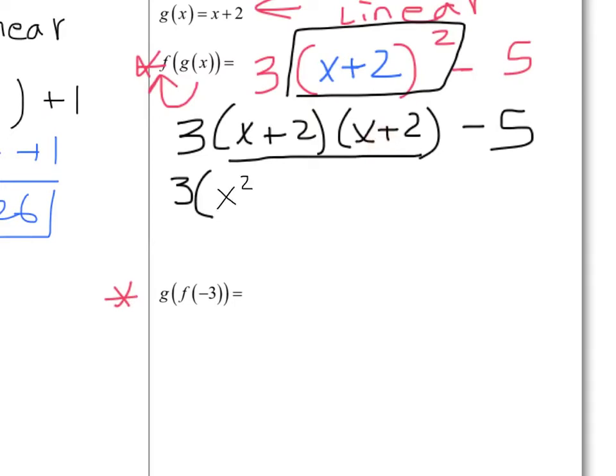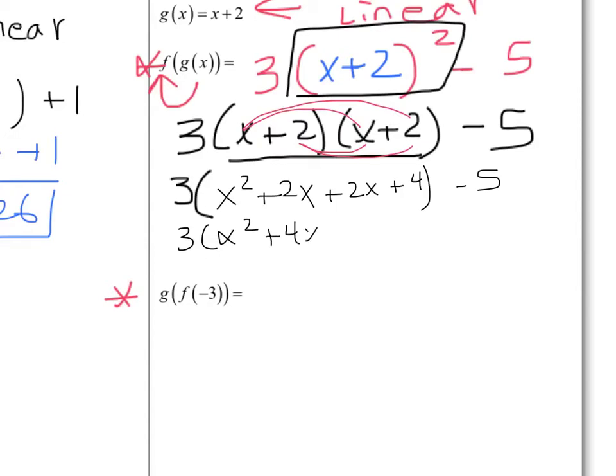Then x times 2, which is 2x. Then 2 times x would be 2x, and 2 times 2 would be 4. So it would be x squared plus 4x plus 4 minus 5.